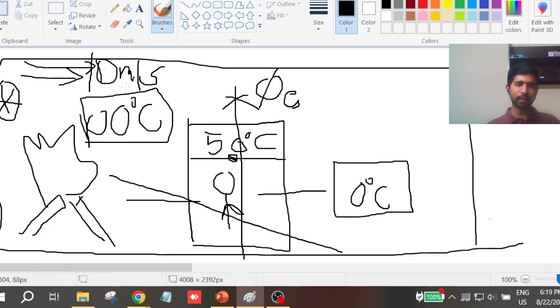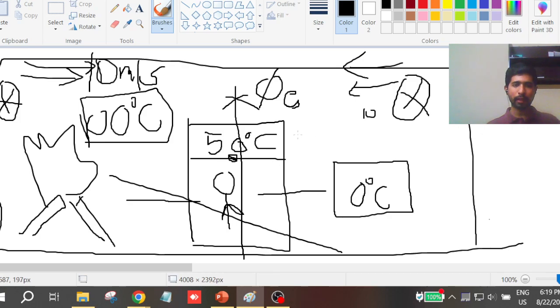Now in the reverse case, if the fan was placed on the right end, and it was blowing wind at again 10 meter per second, you would feel a temperature less than 50 degree. So it depends on two things. The convection here, can you write down on the chat box, what does it depend on?